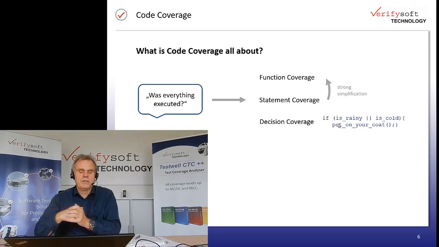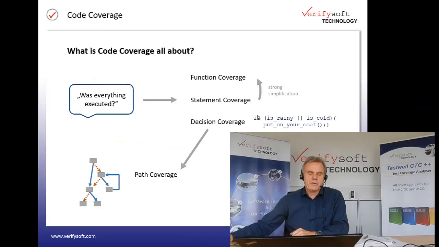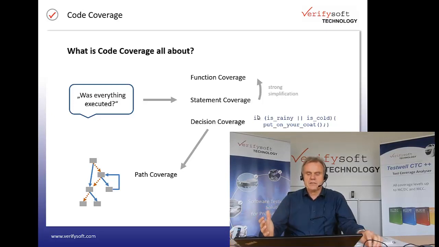Branch coverage tells you that each branch of the program has to be tested. Then we have here path coverage. This is only a theoretical measure. Here every possible path should be tested, but in practice this is not achievable. So therefore this measure is also not required by any standard.